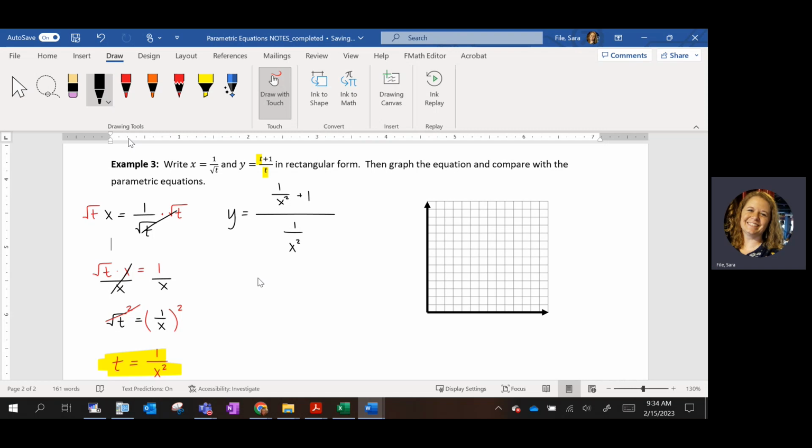Okay, so what can I do to simplify this? We don't like to have fractions within fractions, right? So what can I do? Yeah, flip and multiply, right? So instead of dividing by 1 over x squared, I could multiply by x squared.